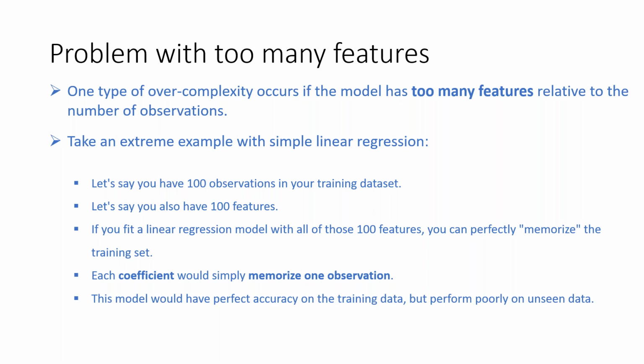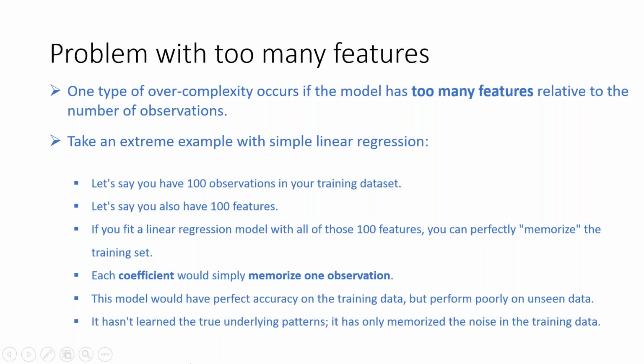That's the problem. It hasn't learned the true underlying patterns; it has only memorized the noise in the training data. So these are not good models, and that is a problem with simple linear regression, especially when applied to data sets with a lot of features and very few observations.